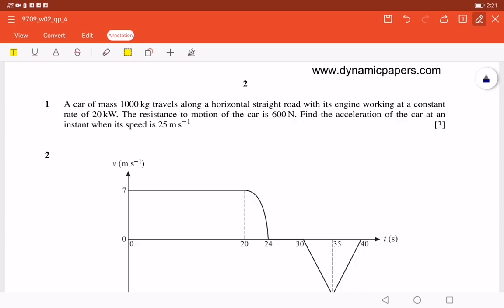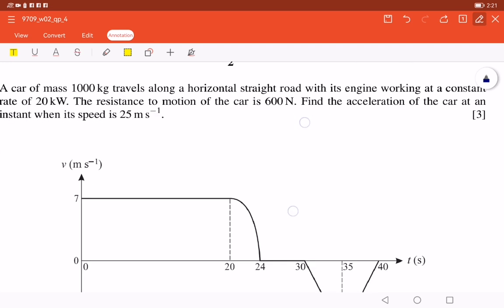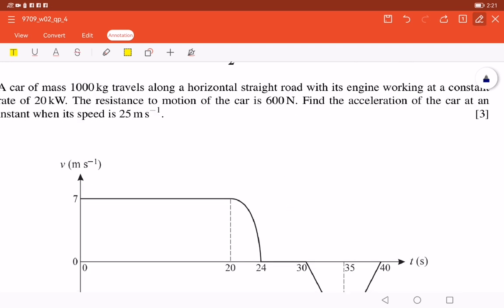To solve a question like this, we need to draw a simple model. For example, this is the horizontal road and our car. Its resistance to motion equals 600 Newton. Suppose this vector is the direction of motion.